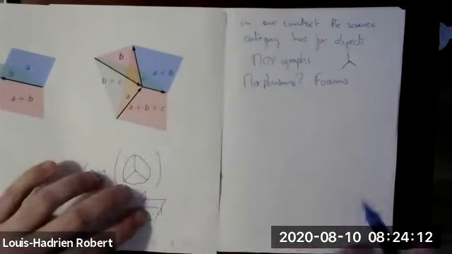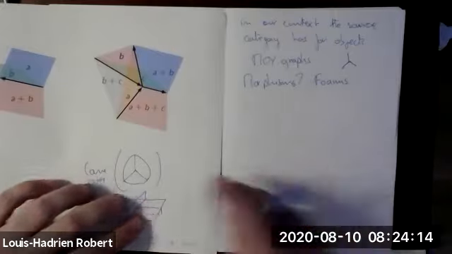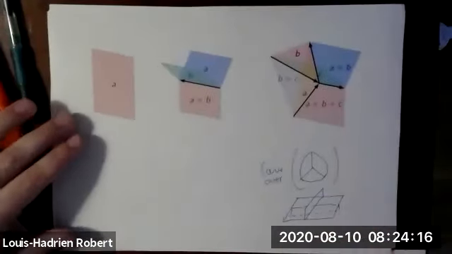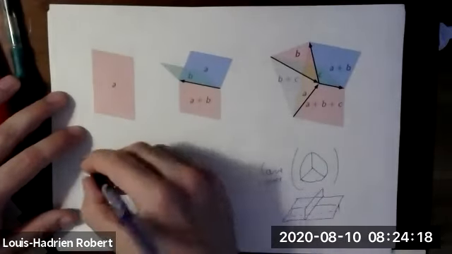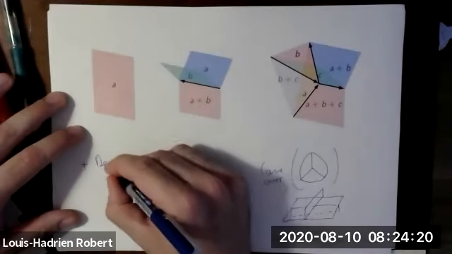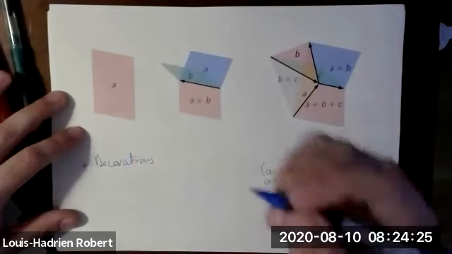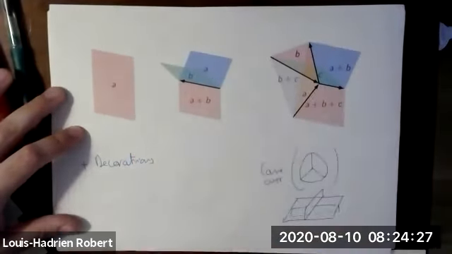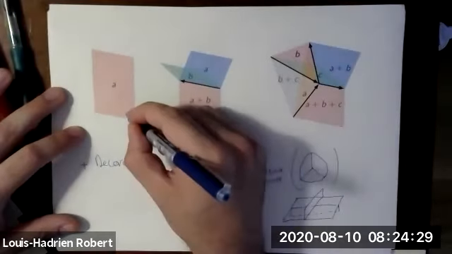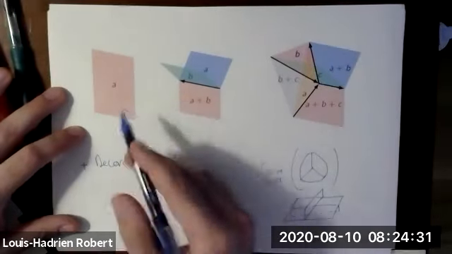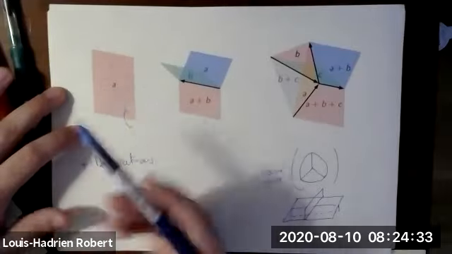And there is an extra piece of data which is important. I wrote this here: plus decoration. Decorations are a little bit more involved. As I said, I have the facets of my foam.